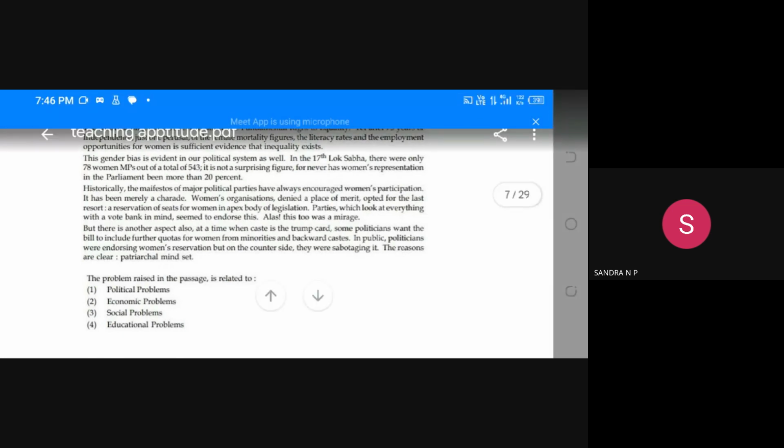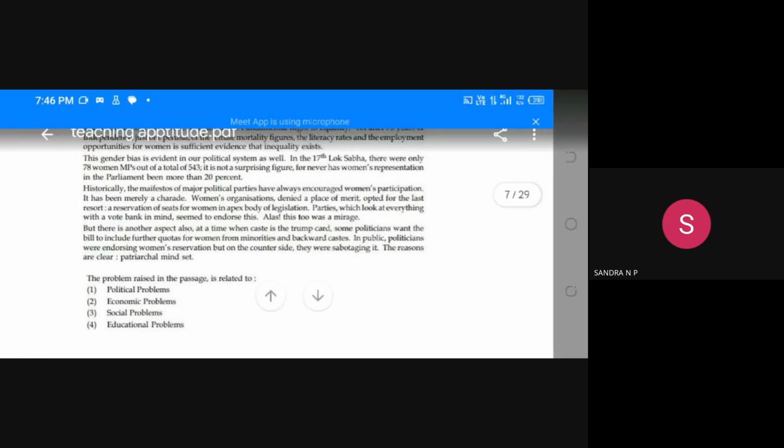So it is related to social problems because it is inequality between men and women. So it is a social problem, not a political problem. I hope this is clear to you. Does anyone have any doubt on this?